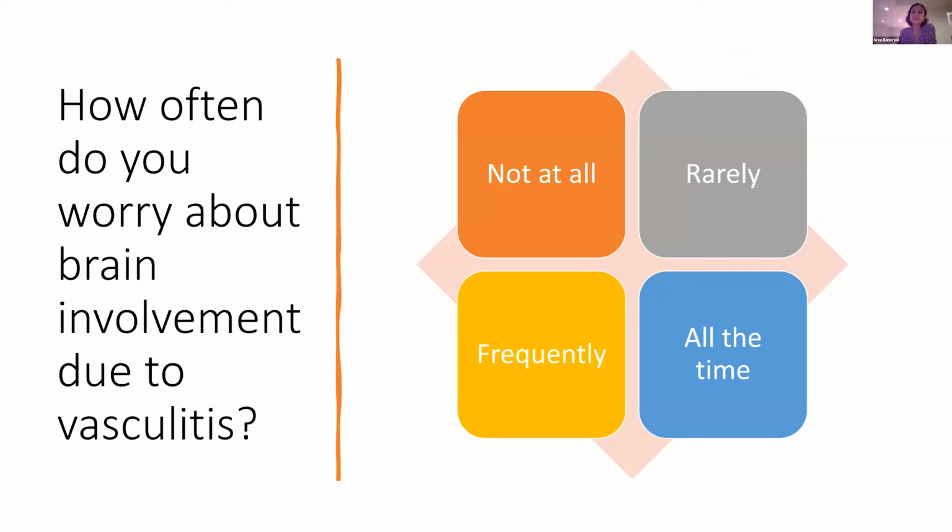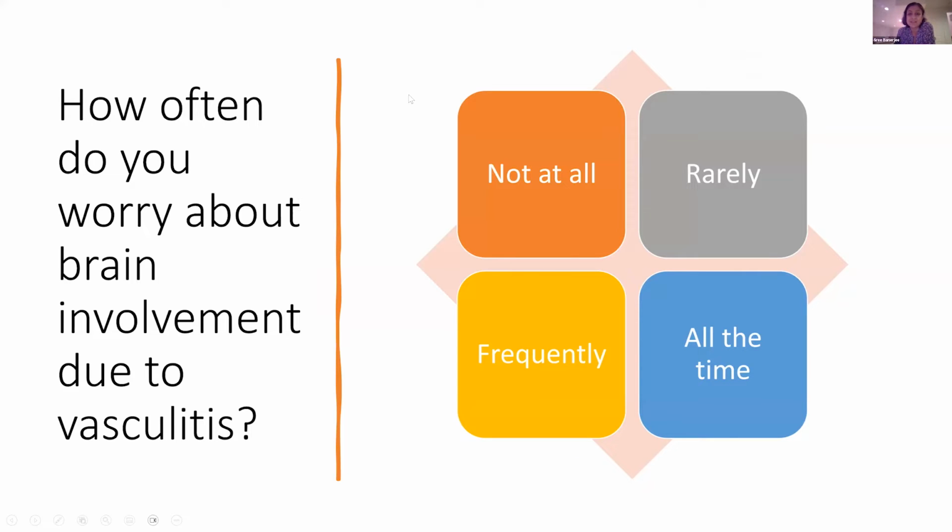All right. So how often do you worry about brain involvement due to vasculitis? Not at all, rarely, frequently, all the time. You can put your answers in the chat box. I'll wait for a few seconds. There are a lot of answers coming in.